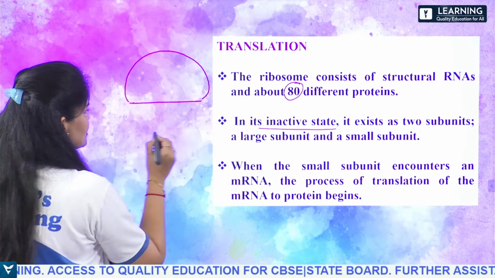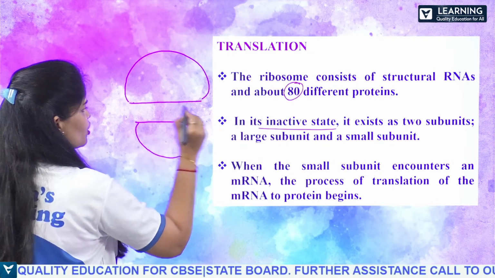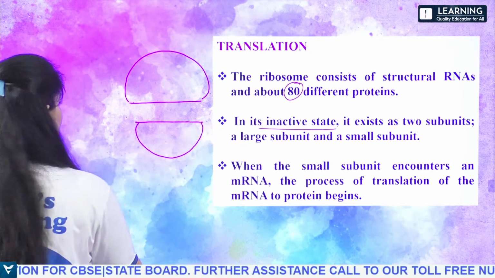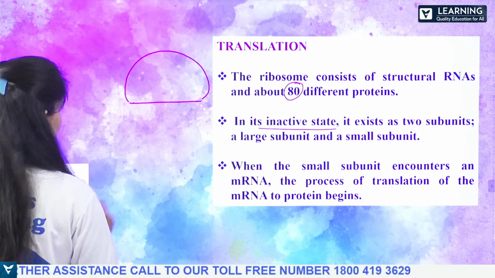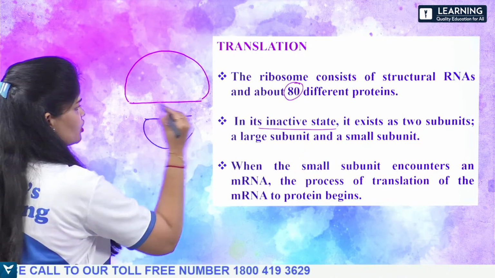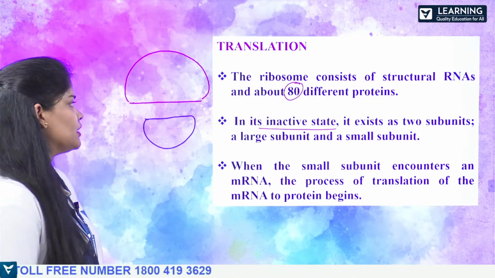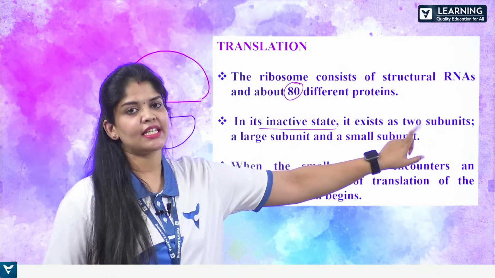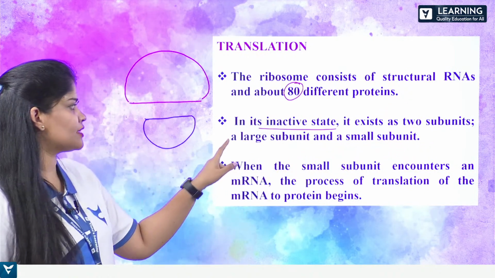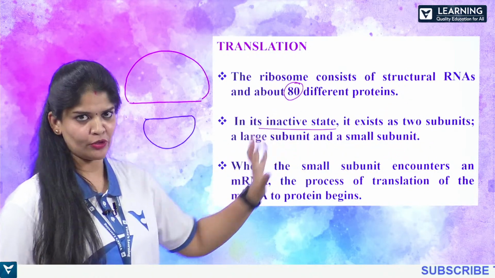We have a larger subunit, we have a smaller subunit. In its inactivated form, it exists as two subunits, that is, a larger subunit and a smaller subunit, right?